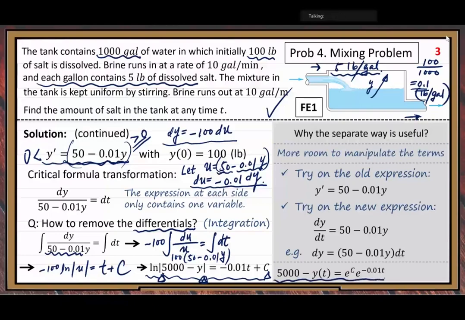But we need to use the initial value to find e to the c. So we plug in, so we can get initial value e to the c equals 4,900. So the final solution, here we can get y equals 5,000 minus 4,900 times e to the negative 0.01t.